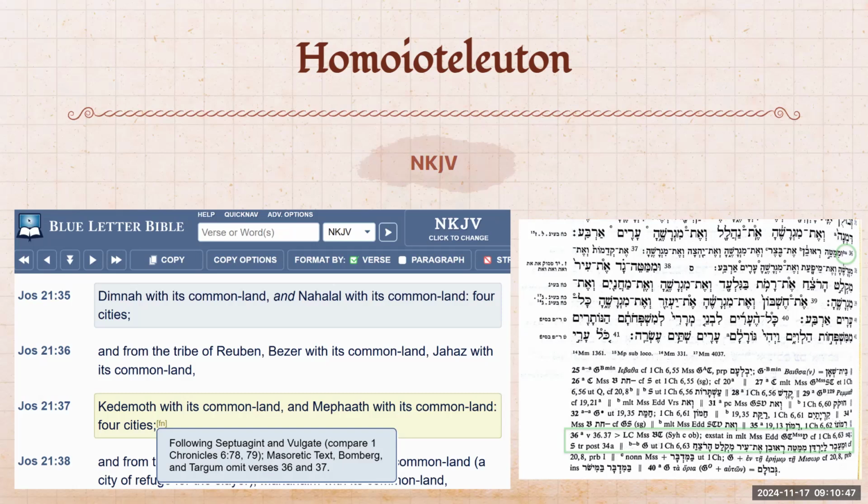And we talked about a fancy word, homeoteleuton, which just means same ending. So when a verse ends the same way, whether it's the same phrase or same words or sometimes same letters, sometimes your eyes skip. And when your eyes skip, you end up leaving stuff out.